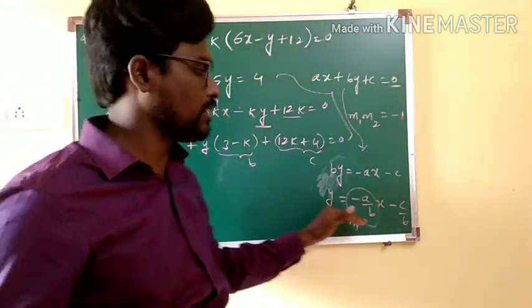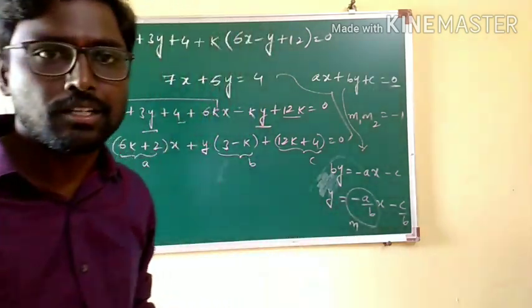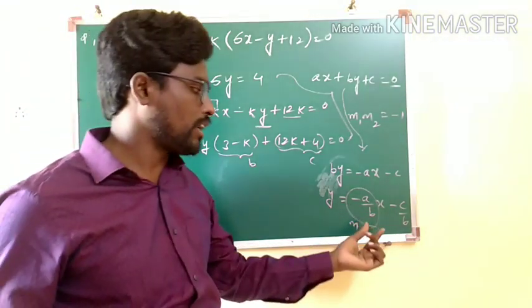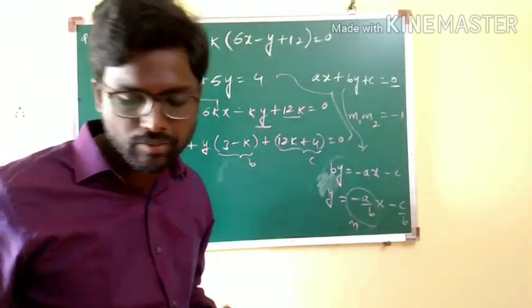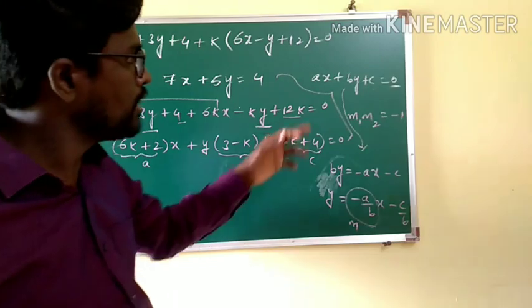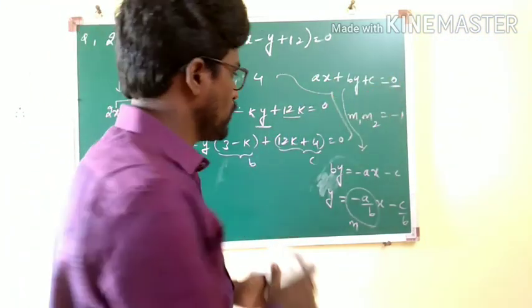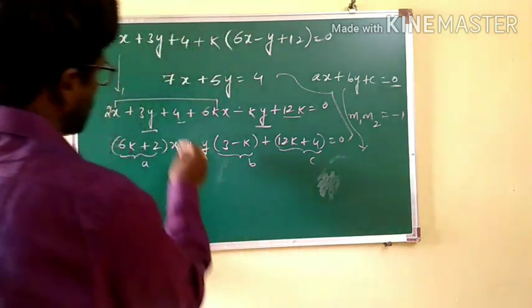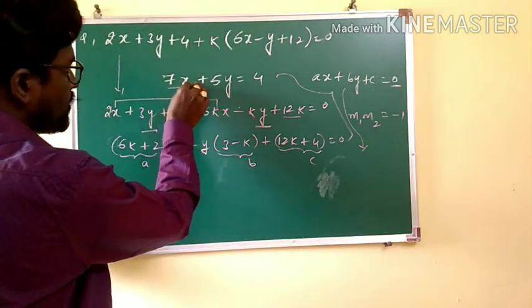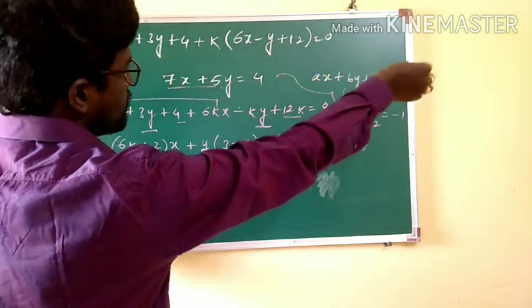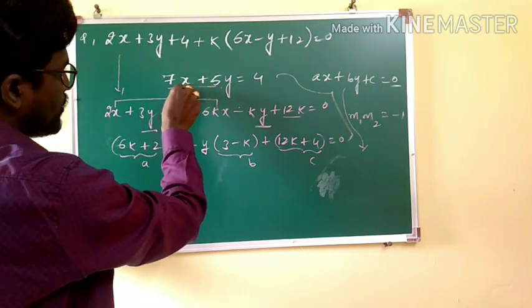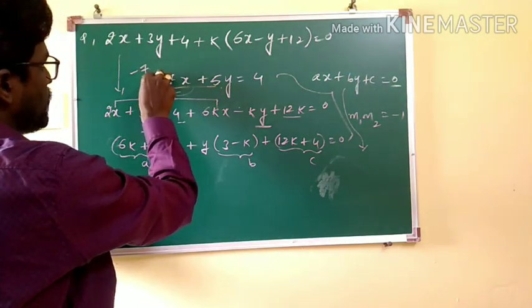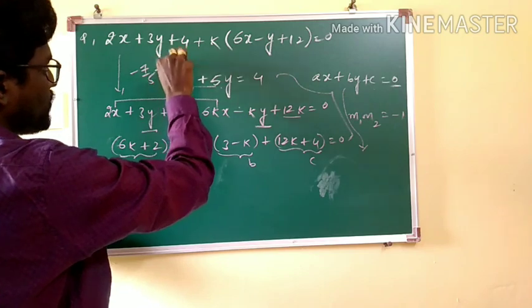If you compare this line with y equal to mx plus c, you have m is equal to minus a by b. This means whenever the line is in the form of ax plus by plus c equal to 0, the slope can be taken directly as minus a by b. Therefore, if you compare this line with ax plus by plus c equal to 0, the slope of this line is minus 7 by 5, which is equal to m1.